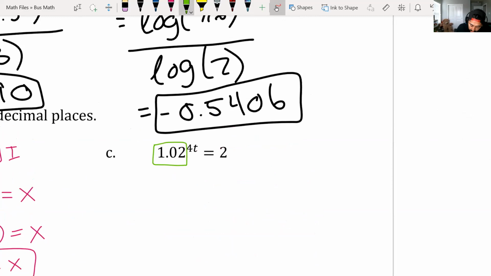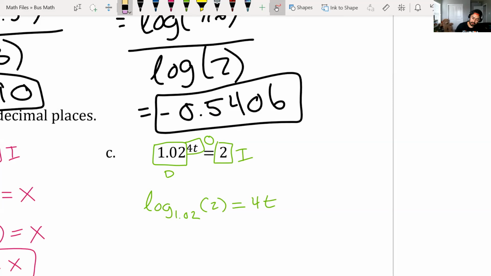So this will go down, which means I get log base 1.02 of this outside number, which goes in. Log base 1.02 of 2 equal to this exponent of 4t.